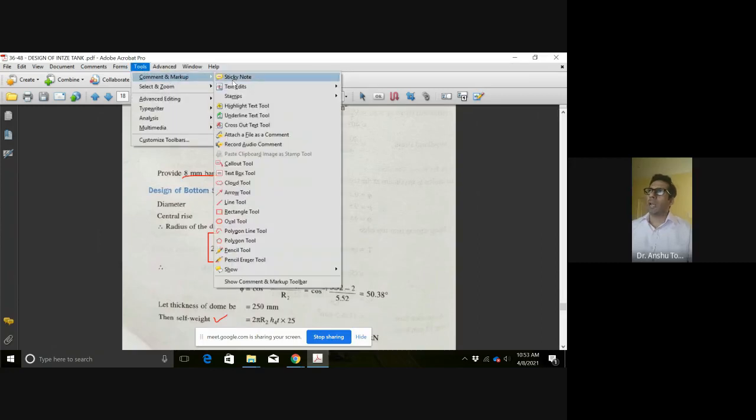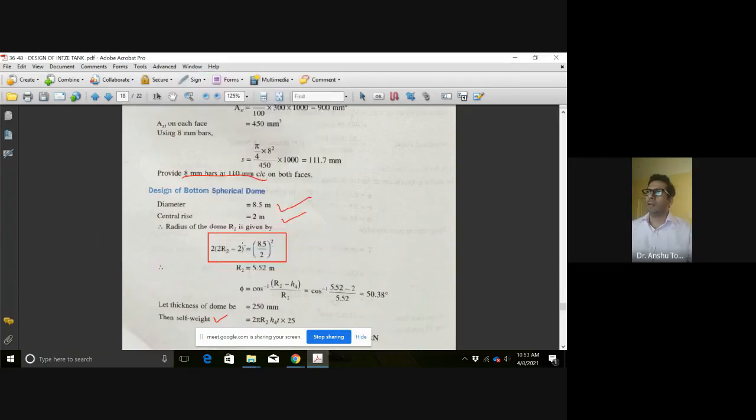This formula has been used everywhere. So this is the known value and this is the unknown value. So from here, we are going to get the R2 as 5.52 meter.